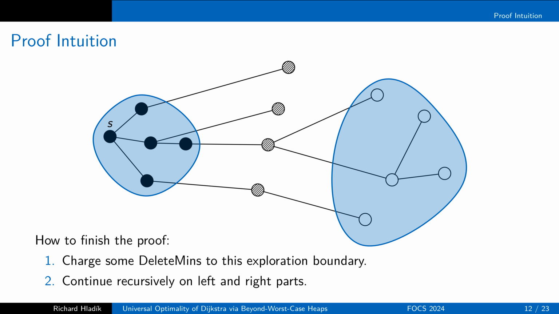This is the key idea of the proof: we pause Dijkstra at some point, we find this exploration boundary, and to finish the proof, we then also charge some cost of some deletemins to this boundary, and then we basically recursively do the same argument on the left and the right side.